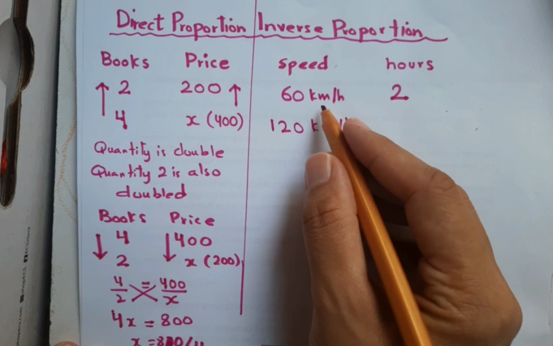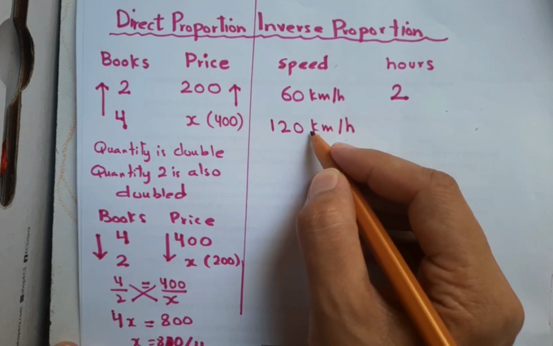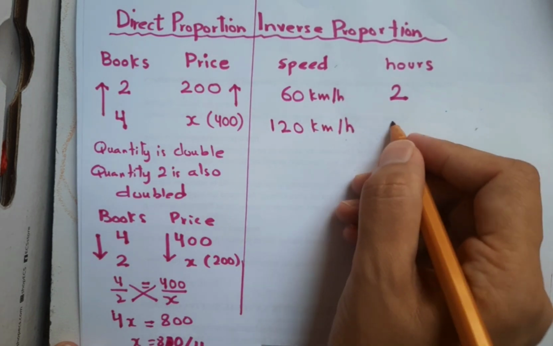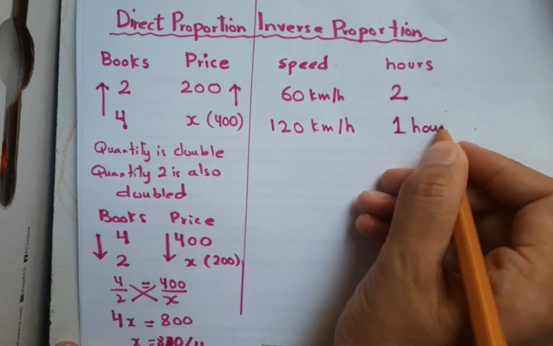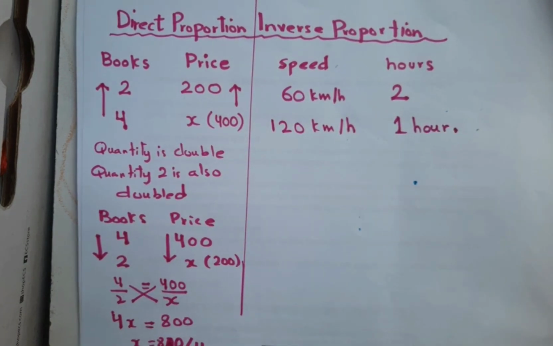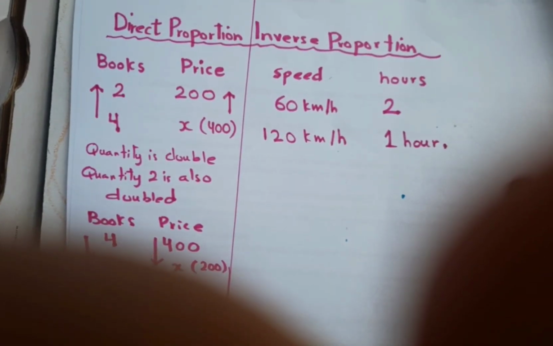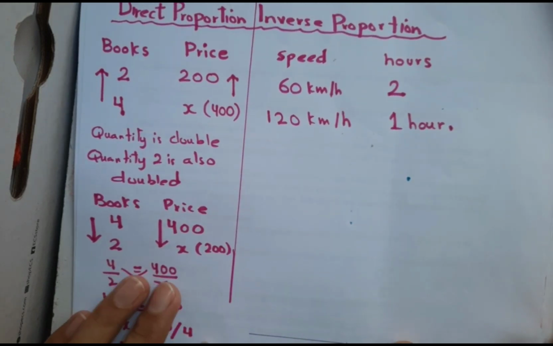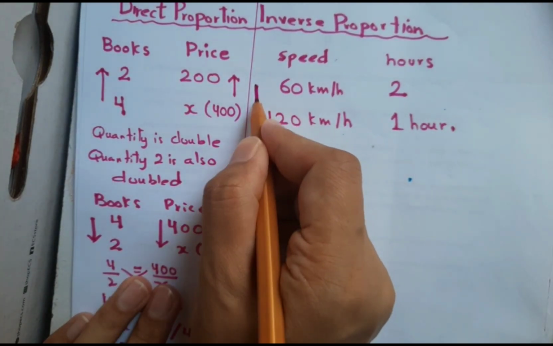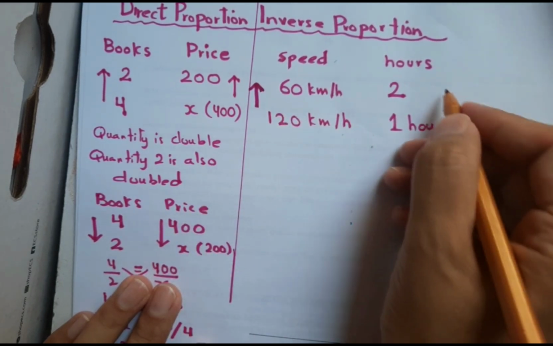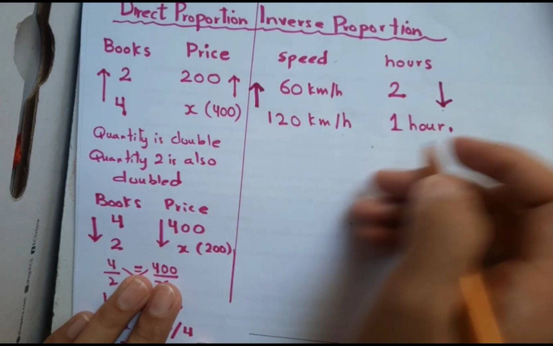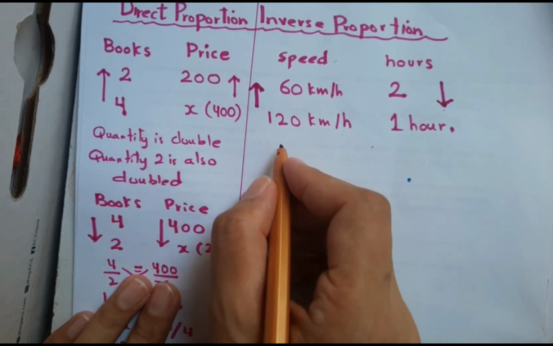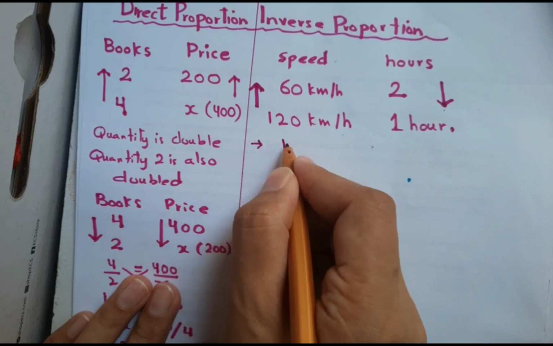So if the speed is increased, the time will decrease. Because you have increased the speed, you will reach before time, that is 1 hour. In this case, when you look at the scenarios, if one quantity is increased, the other decreases. The same goes for the examples of labor versus work.